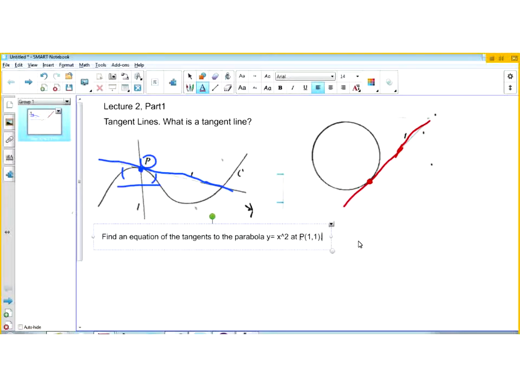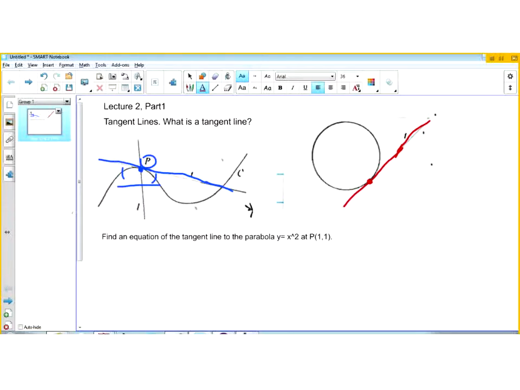Right? So let's analyze what this is asking for. So the question is, we want to find the equation of the tangent line to the parabola y equals x squared at the point 1, 1. So what are we asking for? We're asking for the equation of a line, a particular type of line.